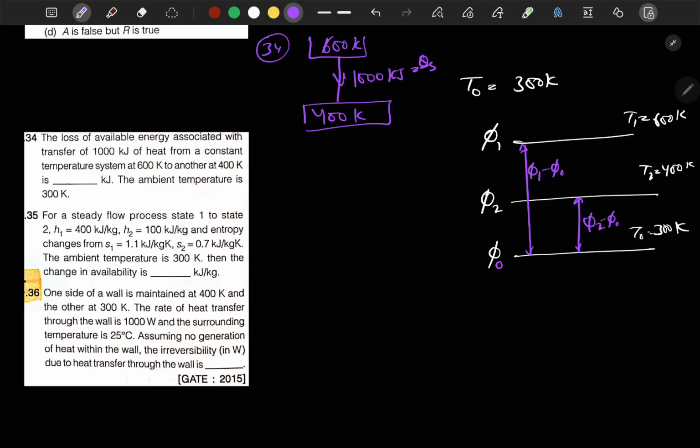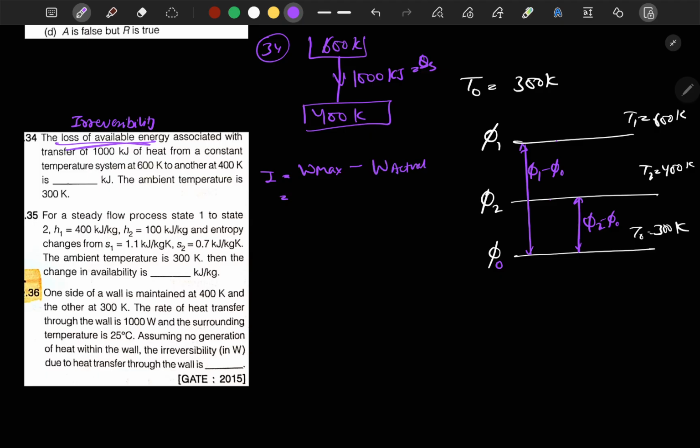Okay, so this work will go to waste. In this question, we have been asked what will be the loss of available energy. Loss of available energy is also known as irreversibility. Irreversibility for any system is defined by maximum work done possible minus work done actual.